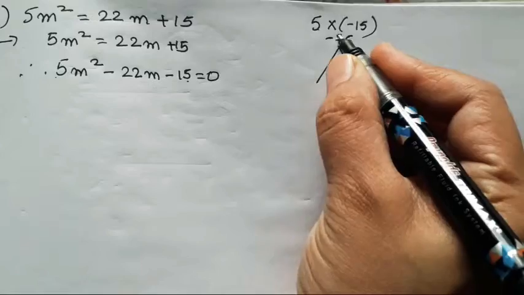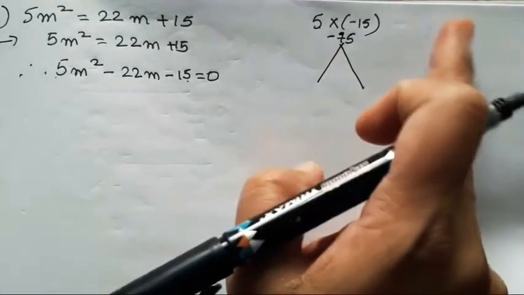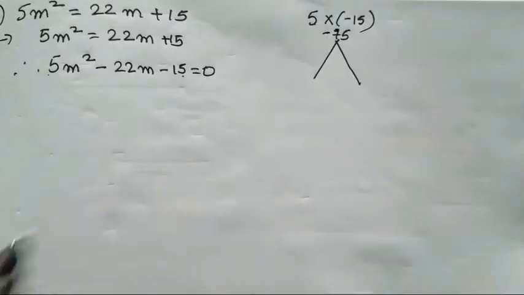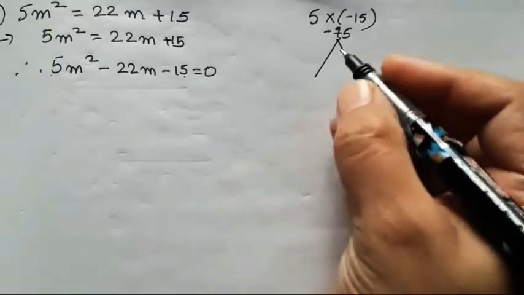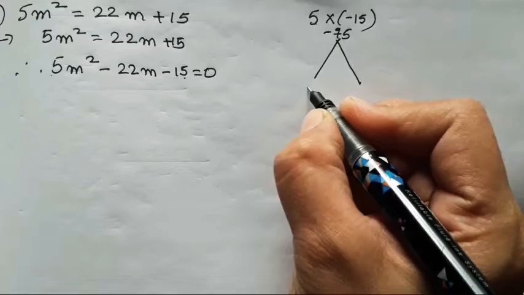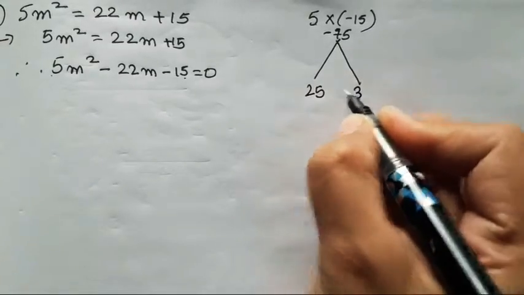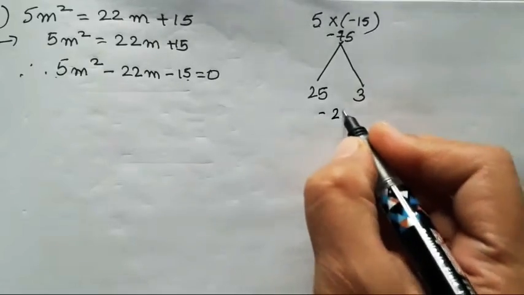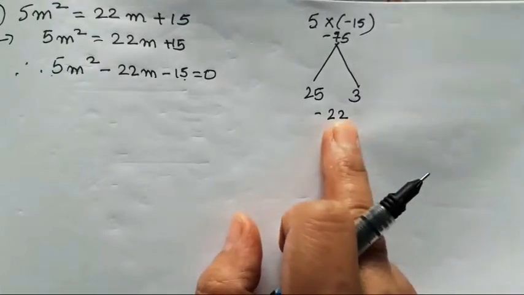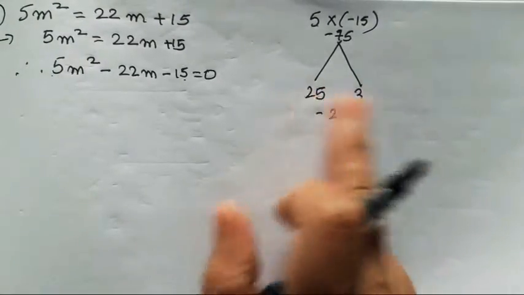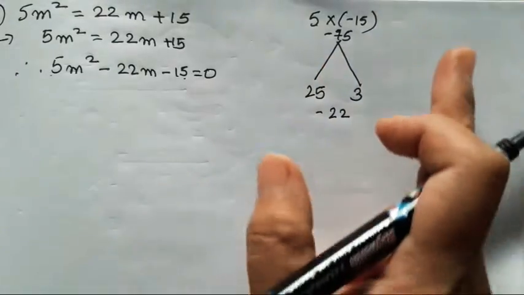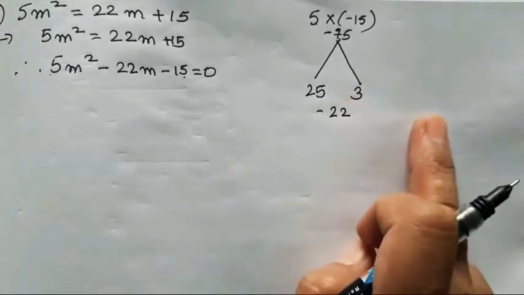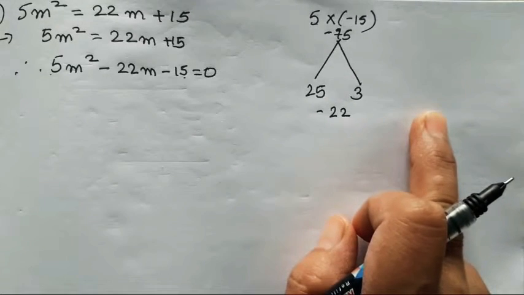Now you have to find the factors for 75. So over here you can write the tables for 75, wherever you are going to get the factors for 75, you all have to write. So 25 3s are 75, isn't it? Now we need minus 22. According to this number, you have to find the factors. If you are not able to get it, write the table over here wherever you are getting 75.